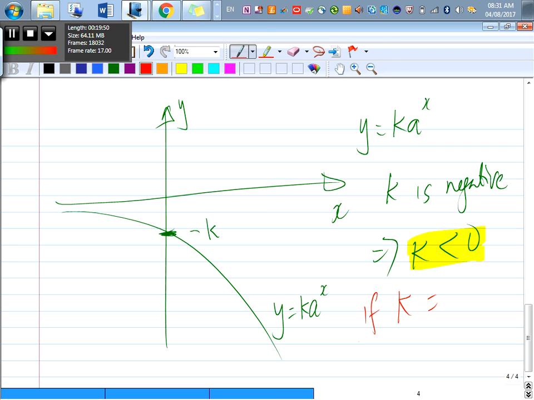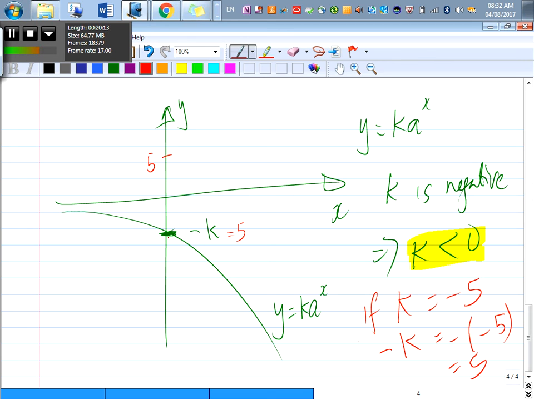Negative 5. If k equals negative 5, then what is the value of negative k? Equals 5, right? So you are telling me that this is equal to 5. Possible or not? No, right? Because 5 is supposed to be up here. This should have been a negative number.